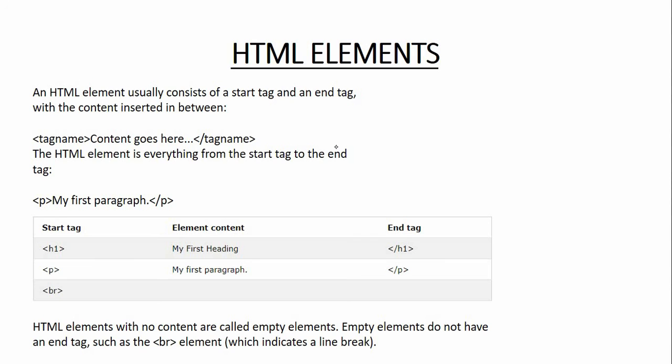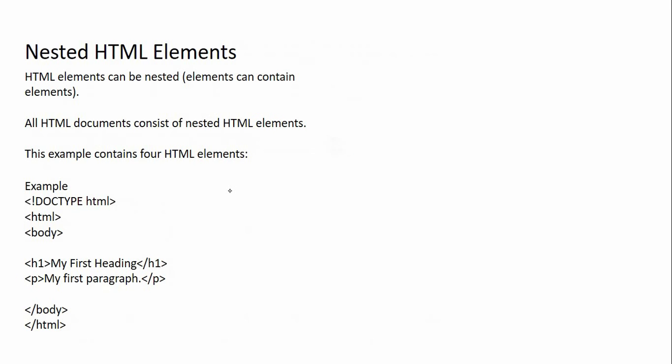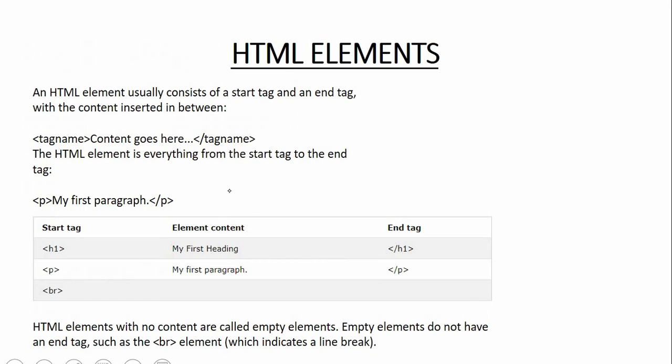And here are a few examples. You get the header tag, and its closing tag, and this is the element content. And as you can see, you might be wondering what this tag is.